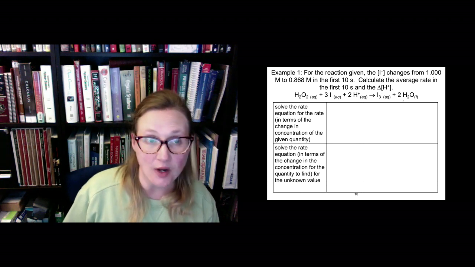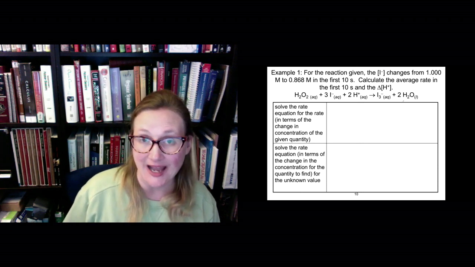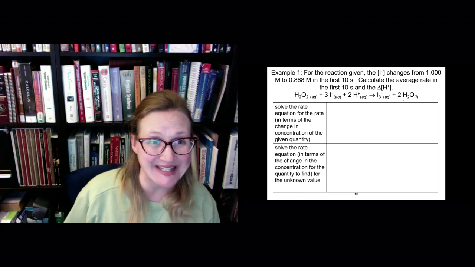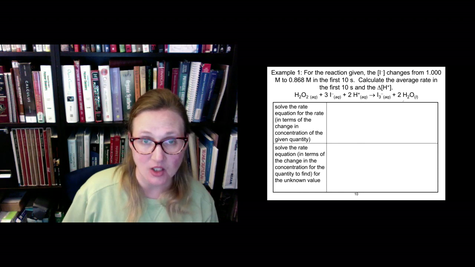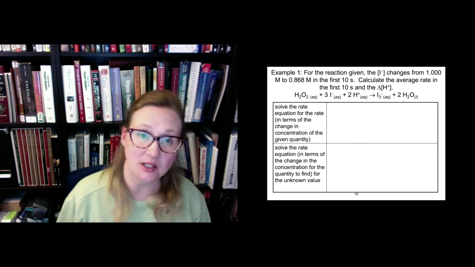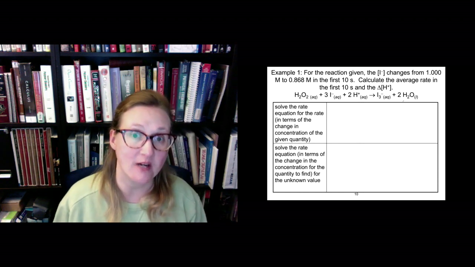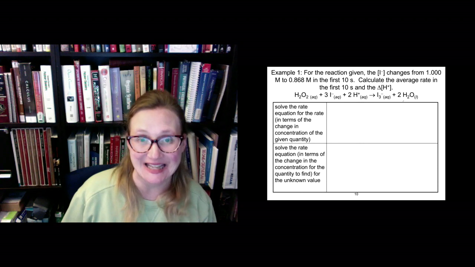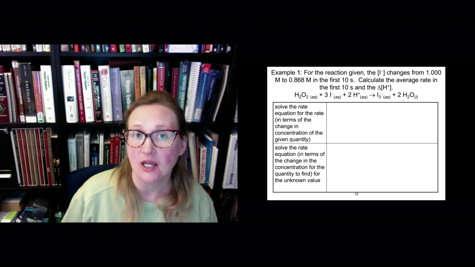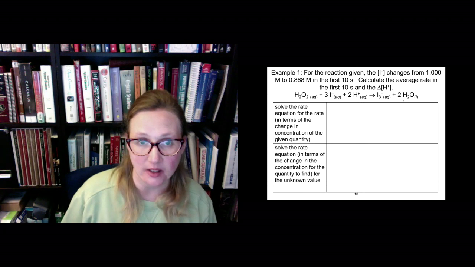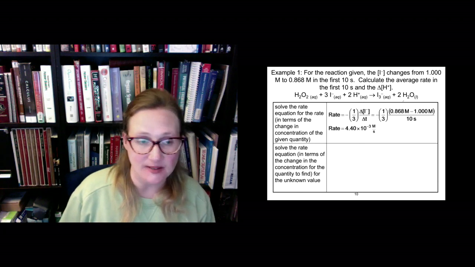So we have 1 molar iodide that changes to 0.868 molar in the first 10 seconds. So we know we can calculate the rate of change of the iodide, and then we're going to use that information to calculate the average rate of H+.